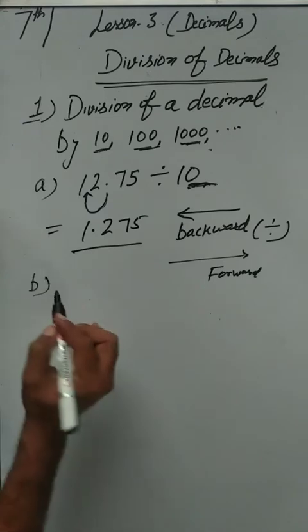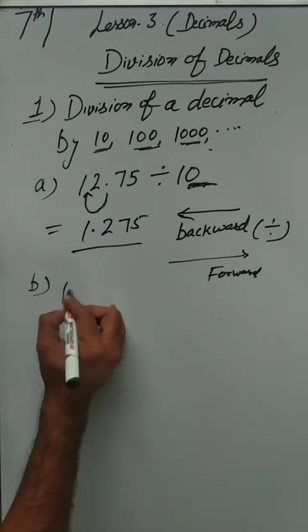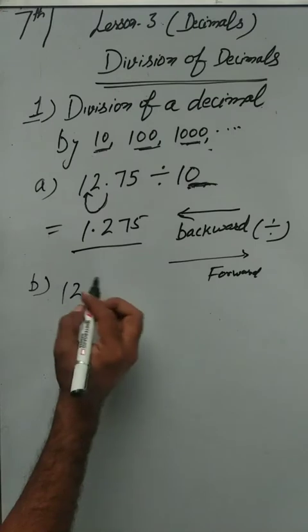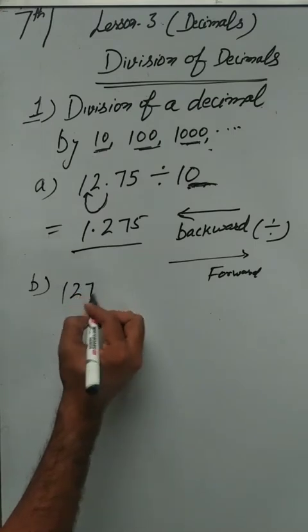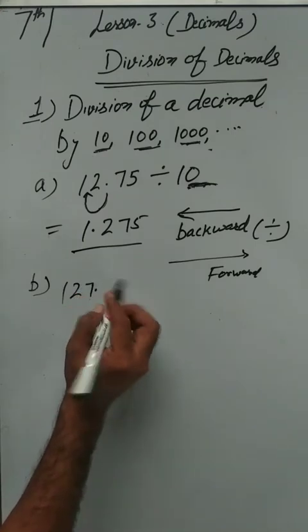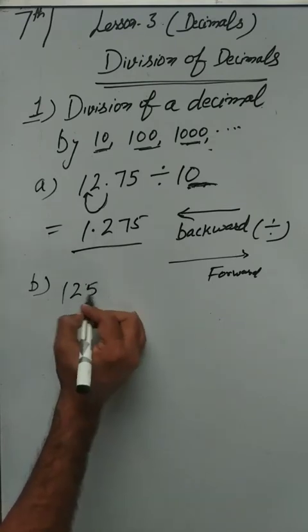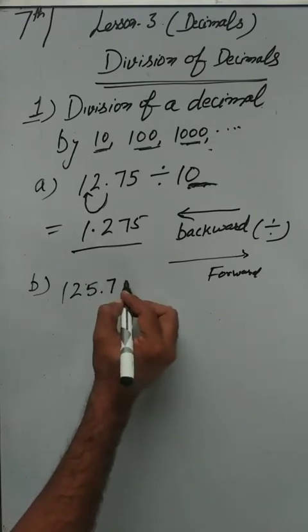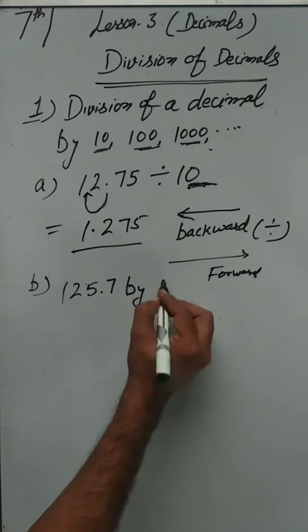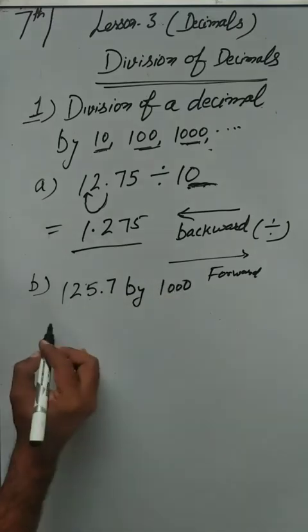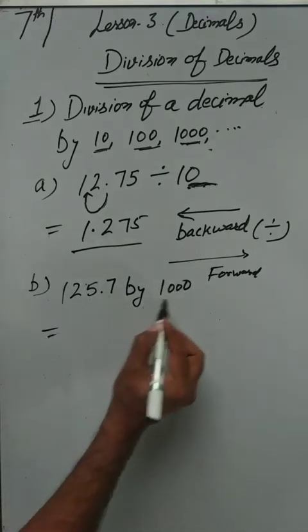For example, the second example is 125.7 divided by 1000. Now look here, beta, it is divided by 1000.